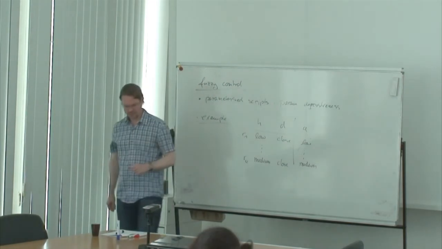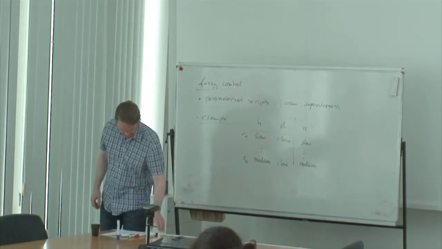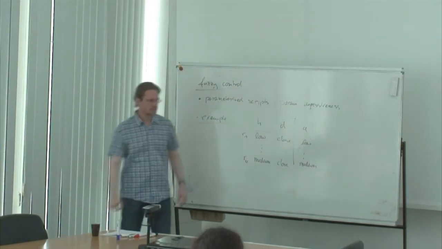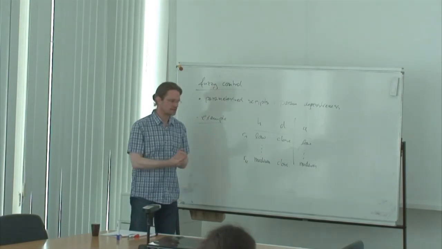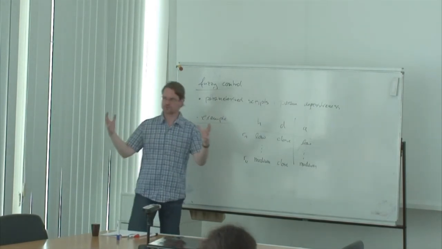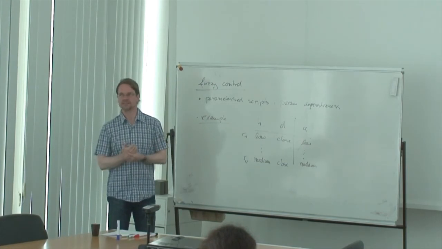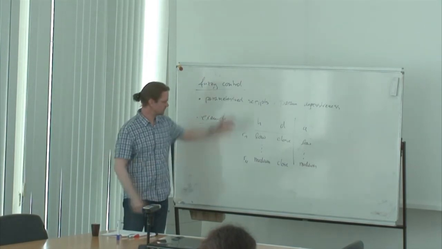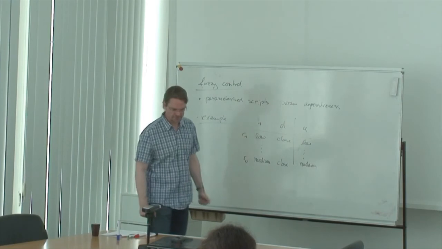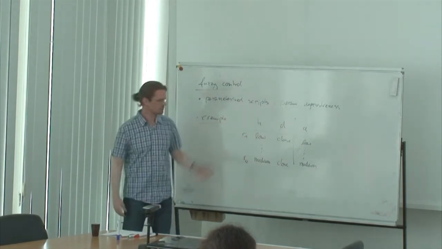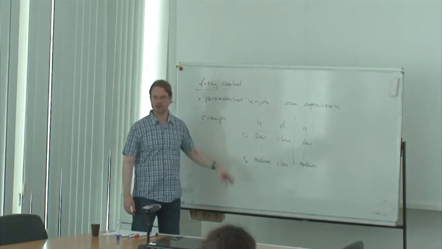Let me give you an example that has nothing to do with computer games, but that makes it clear. Say there was a climate control system in this room here, right? And it would measure the temperature and, I don't know, say humidity in the room. So two variables, and they can be low, medium, high, I don't care.